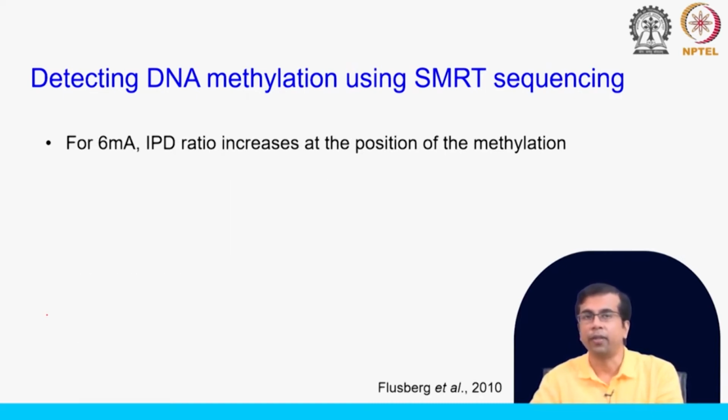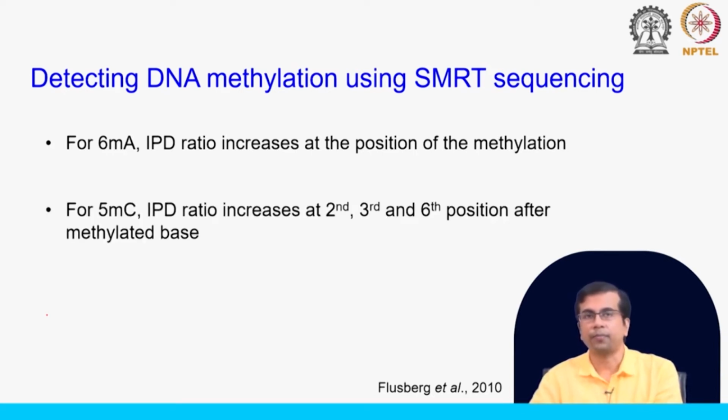What they observed is that for 6mA there is an increase in this IPD ratio at the position of the methylation. So, where this methylation is present, there is an increase in the IPD ratio in the sample compared to the control. For 5mC, the IPD ratio increases at the second, third and sixth position after the methylated base.